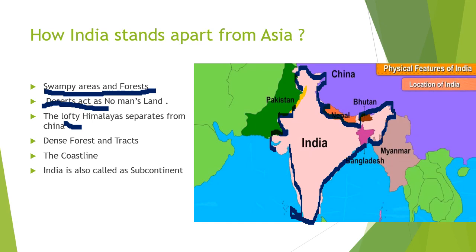That is why India is called a subcontinent, because it has its own physical features which make it stand unique among all the countries in the Asian continent, and to make it an exemplary country all over the world.